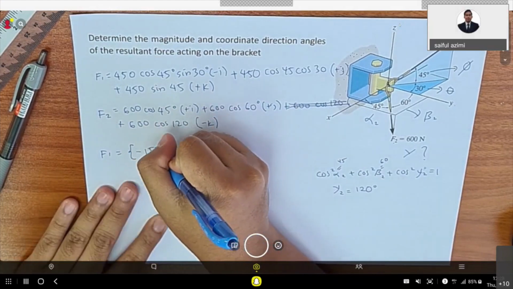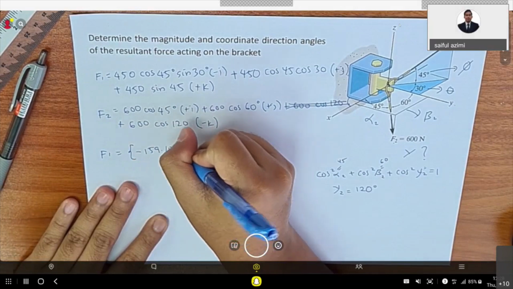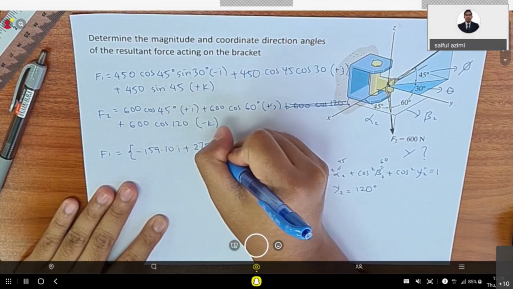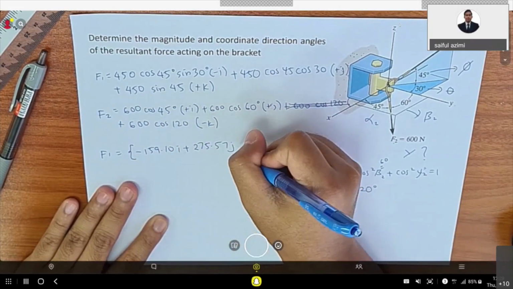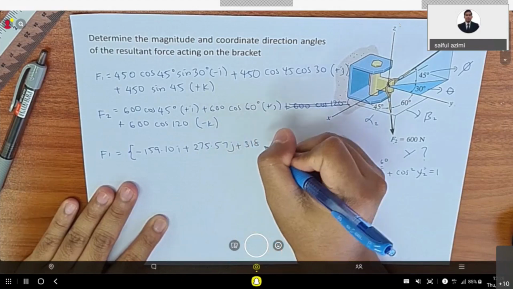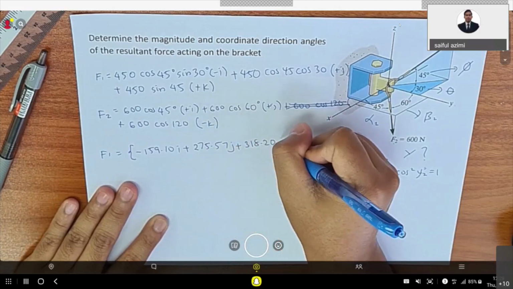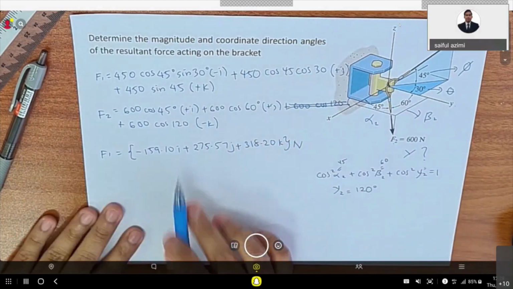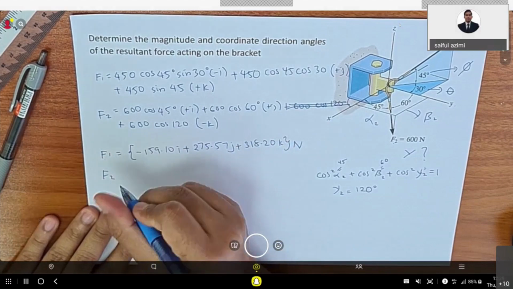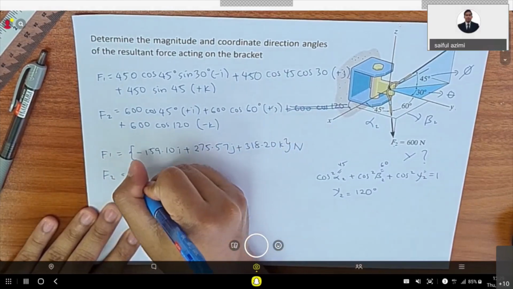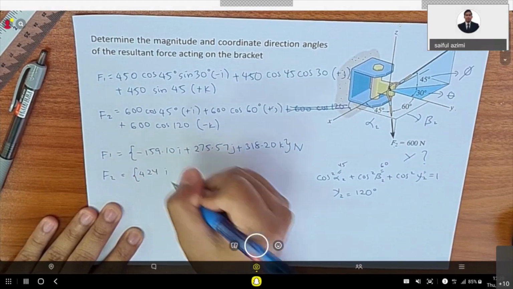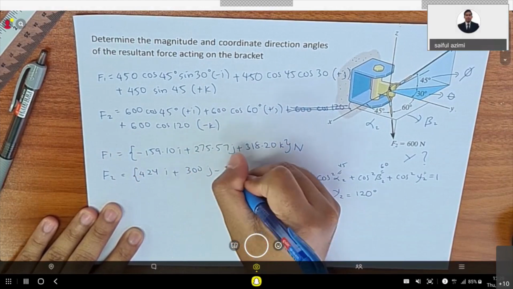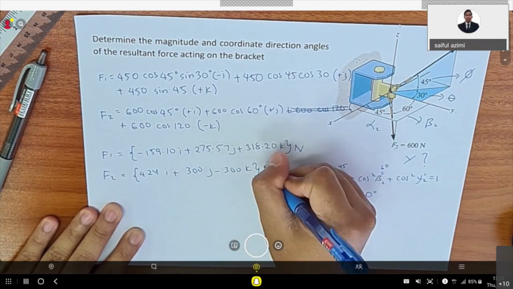So you will get the final answer for F1 equals to negative 159.10I plus 275.57J plus 380.20K Newton. So this is your F1. For your F2, you will get 424I plus 300J minus 300K Newton.